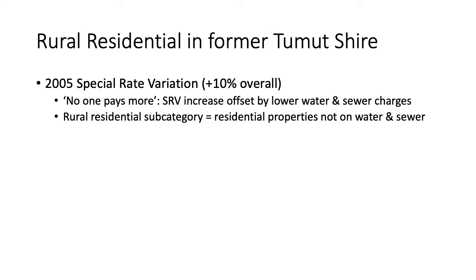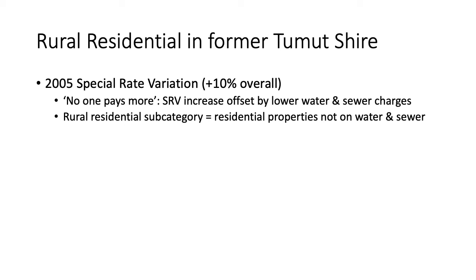The history of the rural residential subcategory in the former Tumut Shire is quite different. Up until a special rate variation was introduced in 2005, there was no rural residential subcategory. Everyone was in residential. The then council introduced a special rate variation on the basis that no one would pay more, and offset the increases associated with the SRV with lower water and sewer charges.